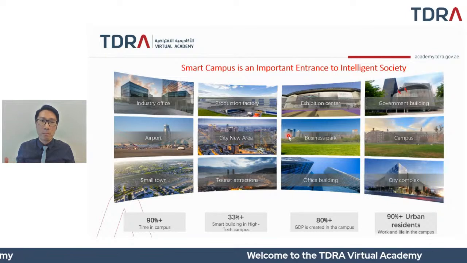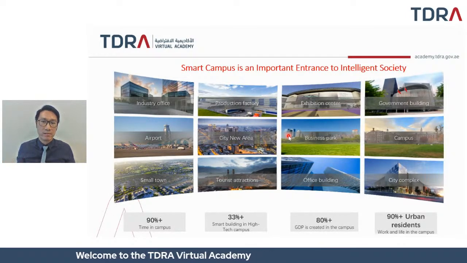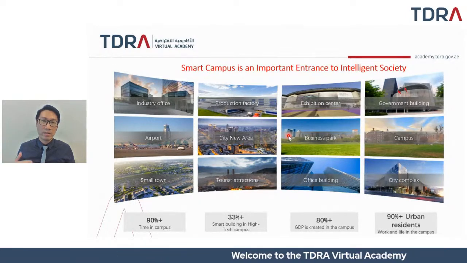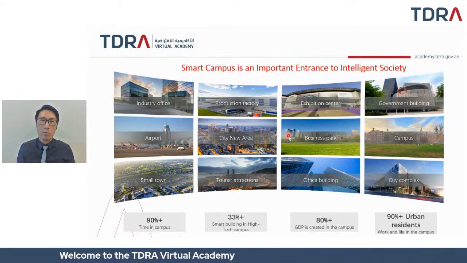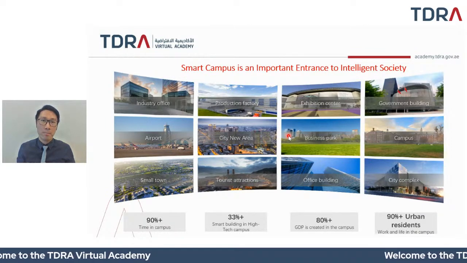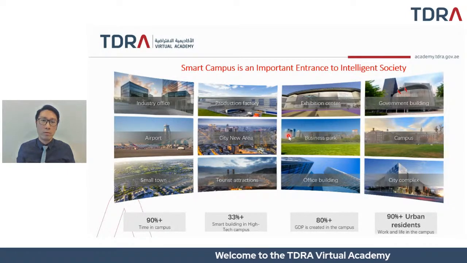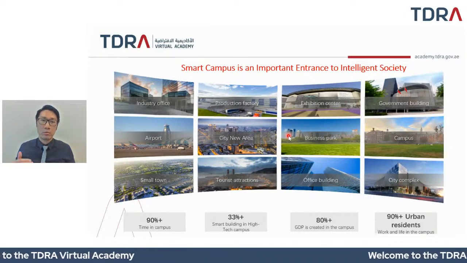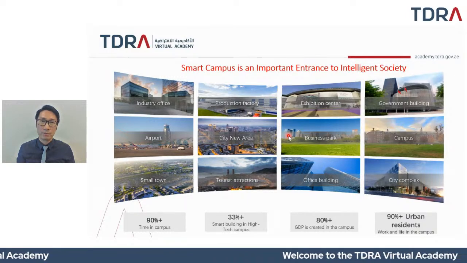And I believe most of us living in the city, 90% of the time is spent inside the campus, and a lot of the GDP, so business is being generated in this kind of campus. So if we want to improve the competitiveness of countries as a city, we would first provide a smarter scenario or the solutions to this kind of the campus.